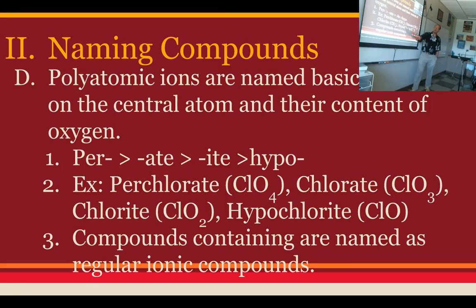But once you do know perchlorate is ClO4, then if you see something, I'm just going to make one up, magnesium perchlorate, you would be able to say, okay, magnesium perchlorate, that's a binary molecule. The metal is magnesium.